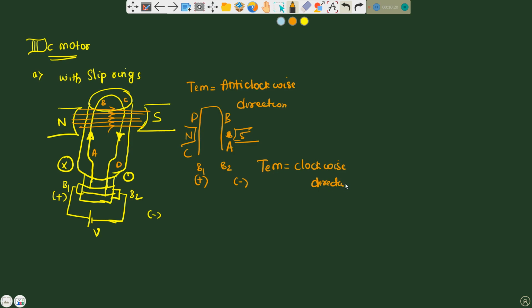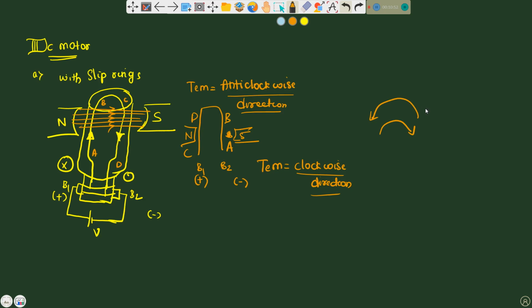So what you can say, after every half rotation electromagnetic torque direction is changing, correct? First it will be for half rotation anti-clockwise, then next half rotation it will be clockwise direction. Understood? For one complete rotation the average torque is 0, correct? Anti-clockwise, clockwise.